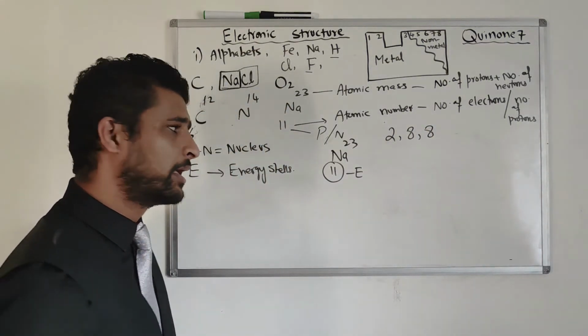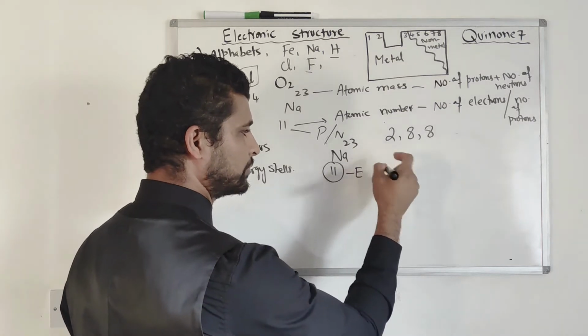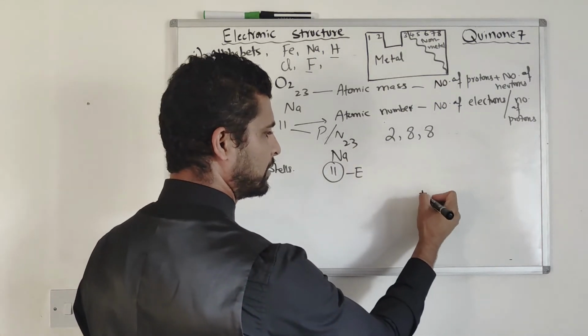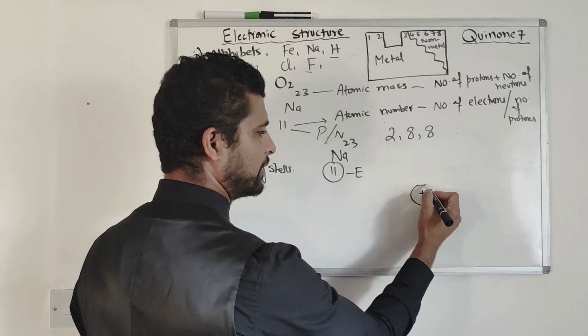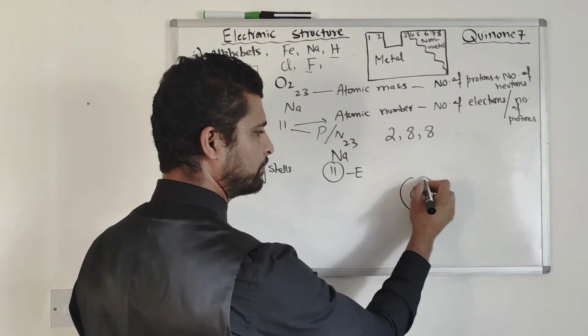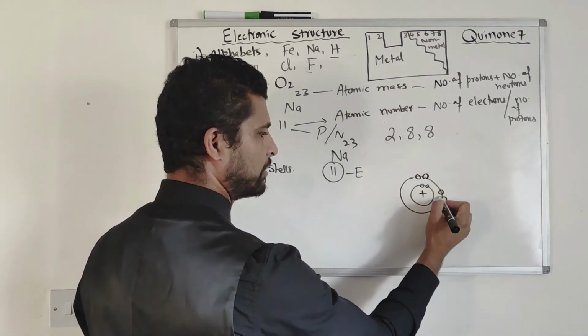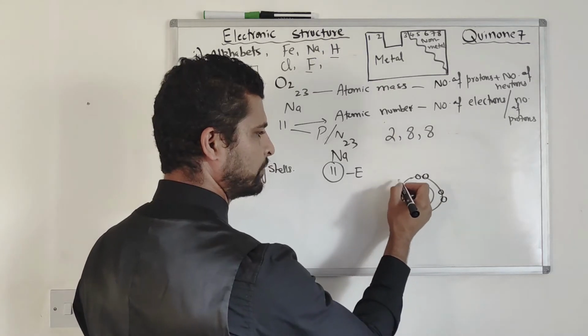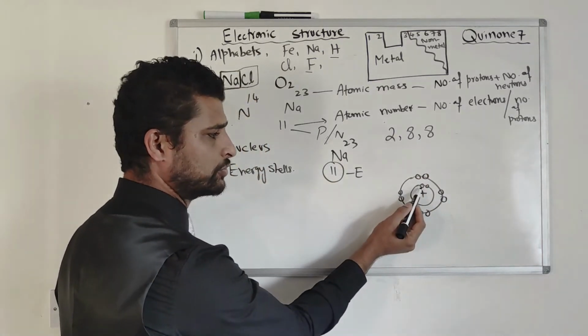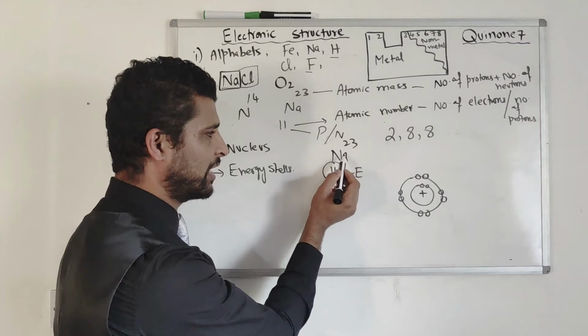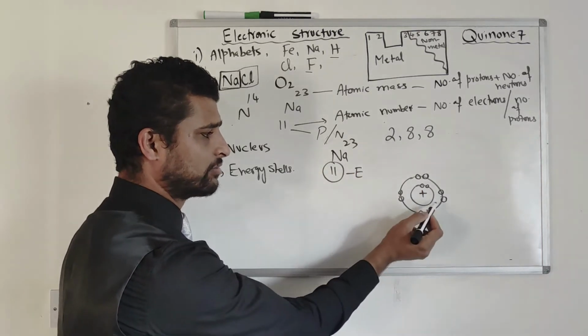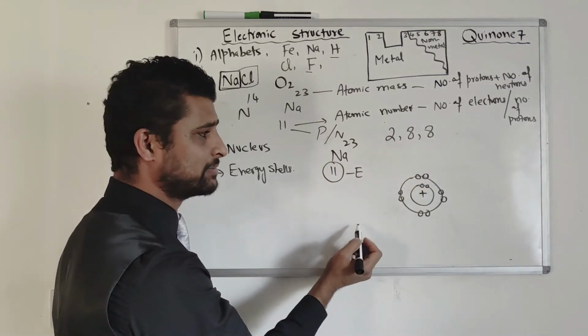If that's the rule, and I want to put the electrons in the energy shells, that's going to be 2. Then you're going to put 8. So out of 11, you put 2 in the first one. Then you put 8 in the second one, which is the maximum.